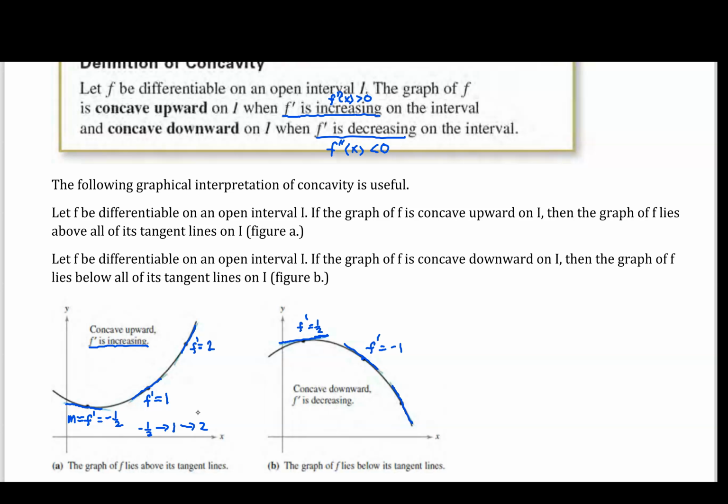This one, for instance, is negative 1, and then this is equal to, for instance, negative 2. In this case, we could see that f prime of x, or the slope of the tangent line here, is decreasing.